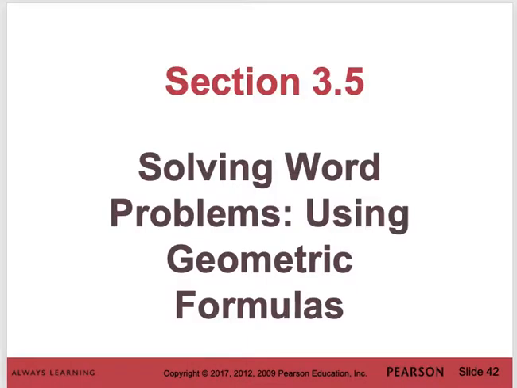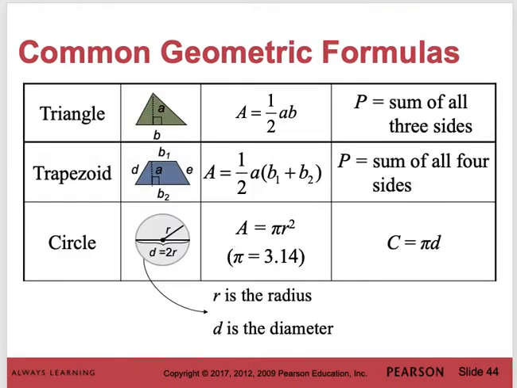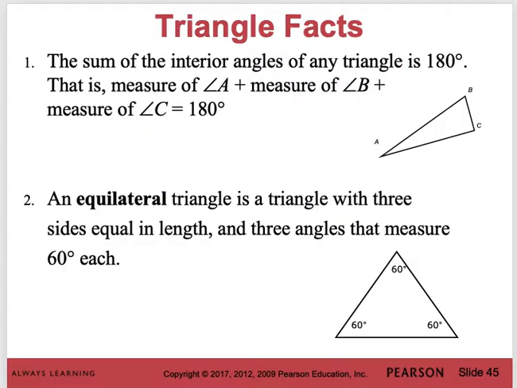In section 3.5, you will be using word problems to solve geometric formulas. Here are some common geometric formulas for parallelograms, rectangles, squares, triangles, trapezoids, and circles. Some basic facts about triangles.